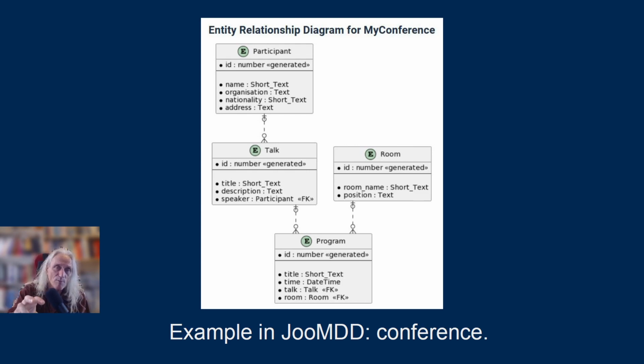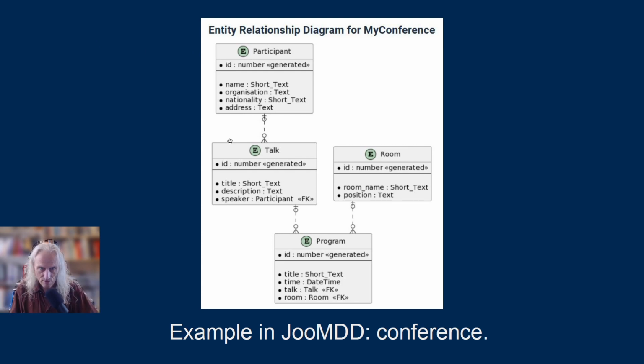This is an example that was already used in JoomDD of a simple 4 entity model of a conference. The conference has a program, and the program has talks, multiple talks, and a talk has a field named speaker, and a speaker is a reference to another entity, a participant.